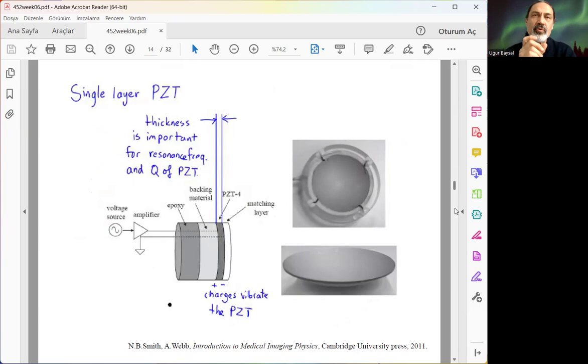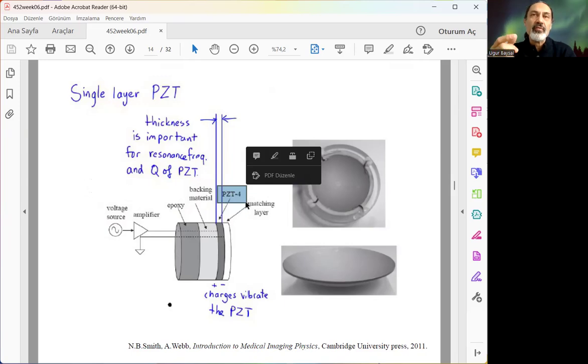The simplest, most basic, and widely used crystal is called PZT. This is a special material, and the so-called PZT4 is the actual ultrasonic vibrating part. The other one is like a mechanical backing, so that the ultrasonic energy cannot reflect back into the instrument. Rather, all of it is directed towards the patient.